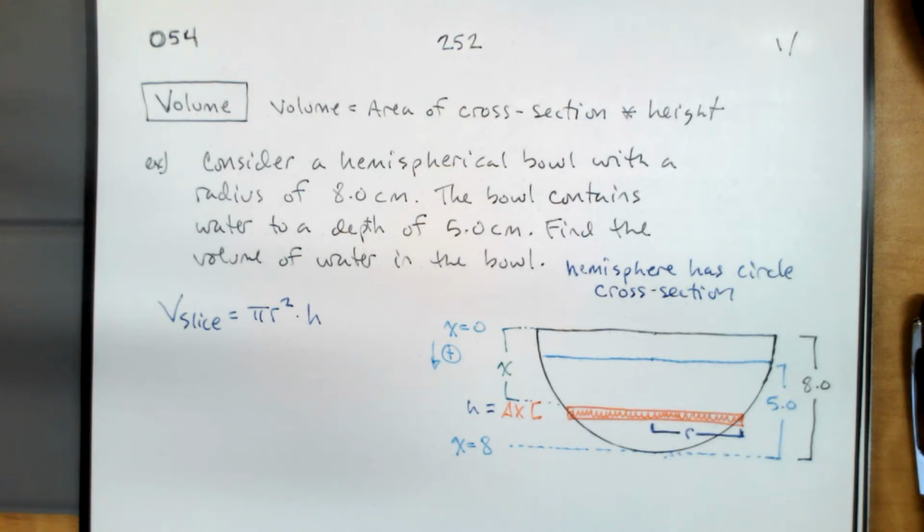Another thing that we want to note here is that eventually we're going to be integrating where the slices of water are. The slices of water don't start at 0. There's no water at the top of the bowl. The radius of the bowl is 8 centimeters. The depth of the water is 5 centimeters. So the water doesn't start until 3 centimeters.